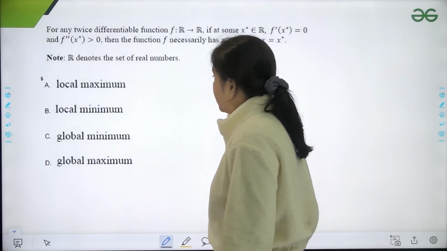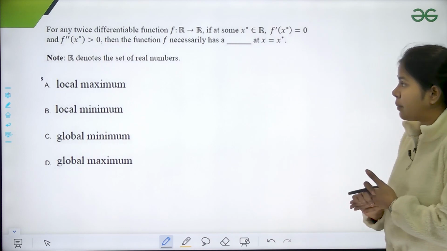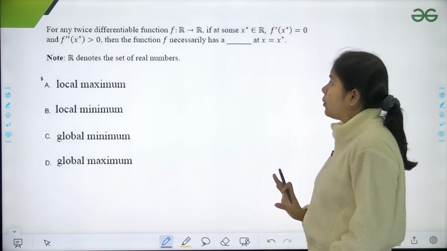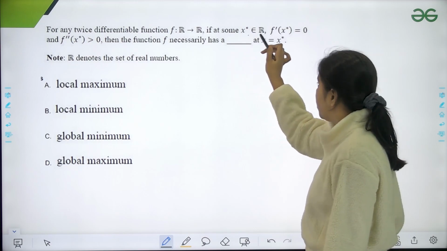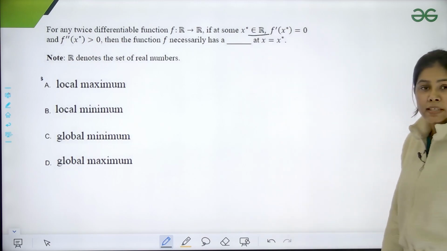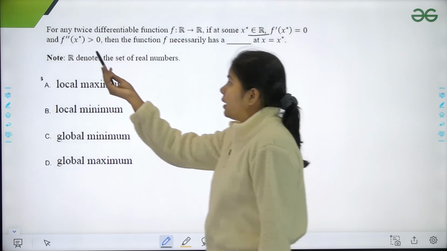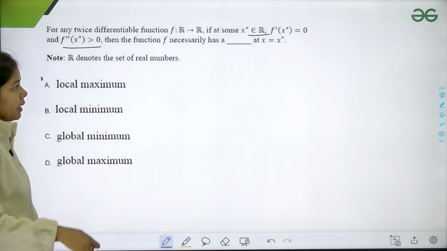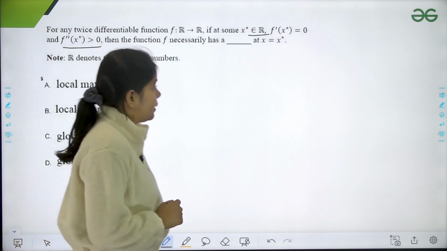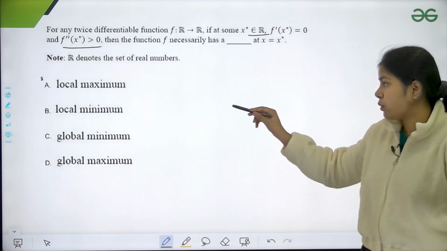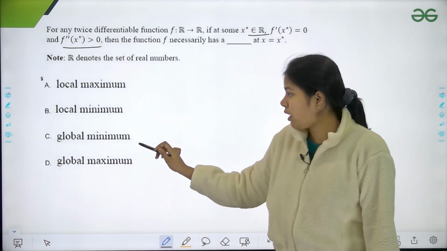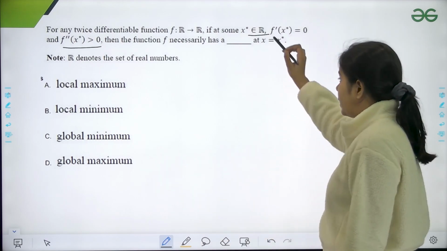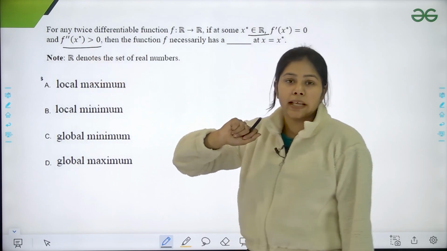Now, next question is from mathematics. It says that for any twice differentiable function f from real numbers to real numbers, if at some x star belonging to R, f dash x star is 0, and they have given that the double derivative at that x star is greater than 0, then function f has necessarily local maxima, local minima, or global maximum. So we know in calculus that we have a second derivative test.